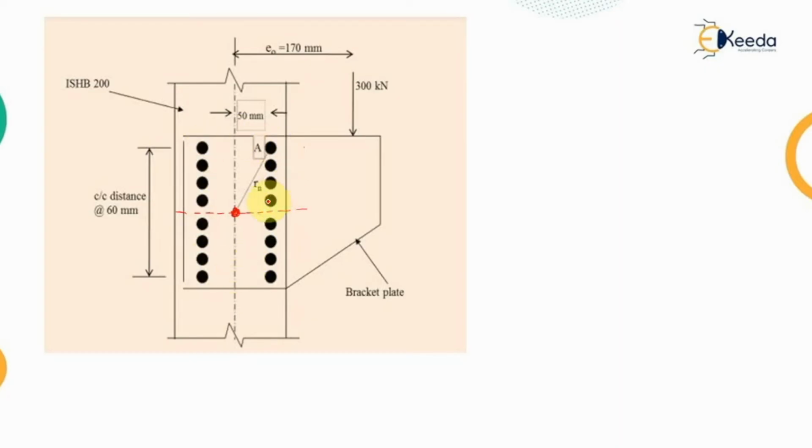The distance between the respective bolts is given by the pitch distance. So that is 60, again 60, and again 60 millimeter. While for this last bolt, which is present above and below the centroid of the bolt group, this will be 30 millimeter and 30 millimeter, because the centroid will be exactly at half of the distance.